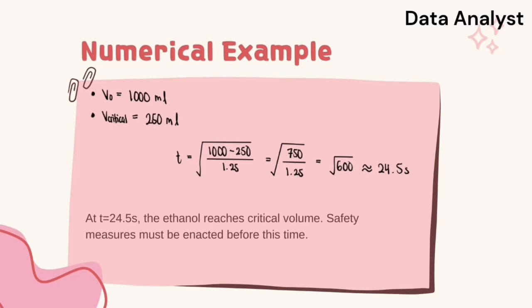We get the square root of 750 over 1.25, which is the square root of 600, roughly equal to 24.5 seconds. So at t equal to 24.5 seconds, the ethanol reaches critical volume. Safety measures must be enacted before this time.